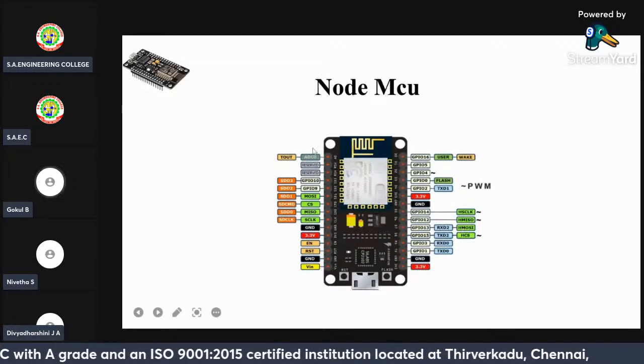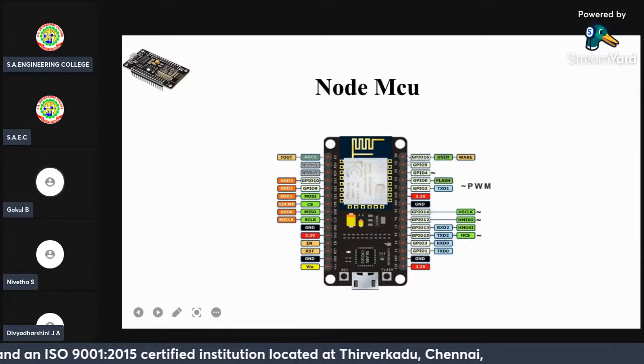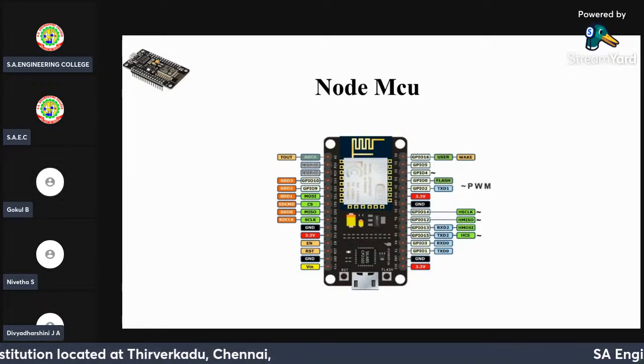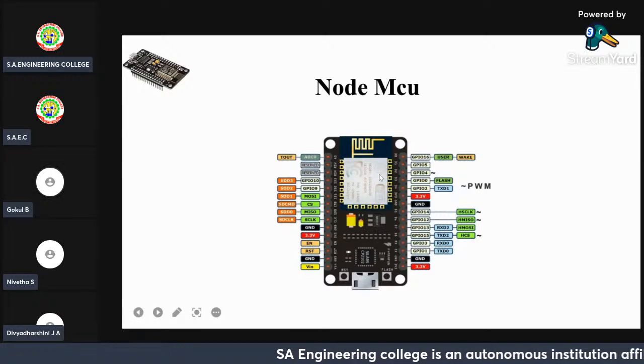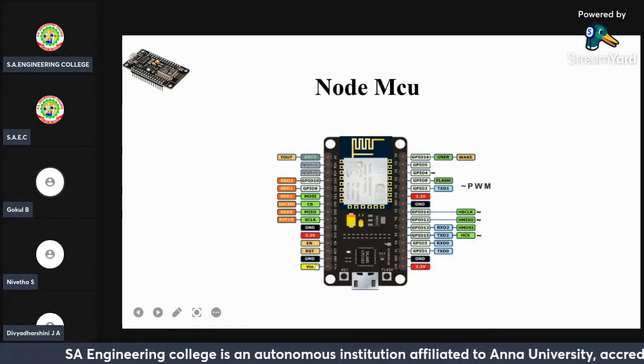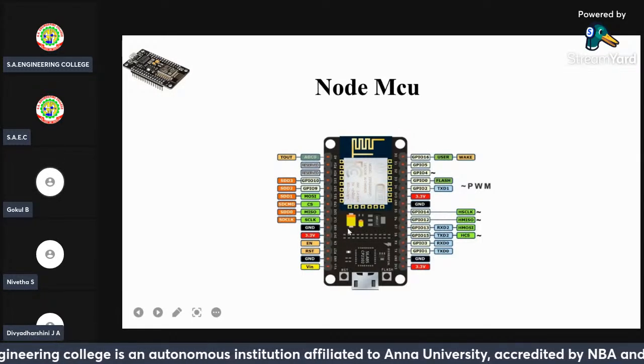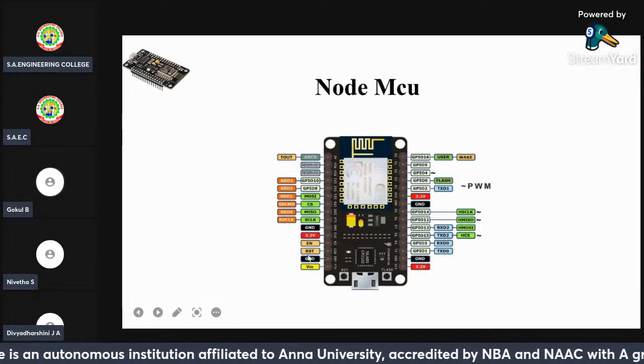And next, this is our NodeMCU. Here you can see the ESP8266 module, and here you can see VIN, that is the input for this microcontroller unit, and a ground terminal.